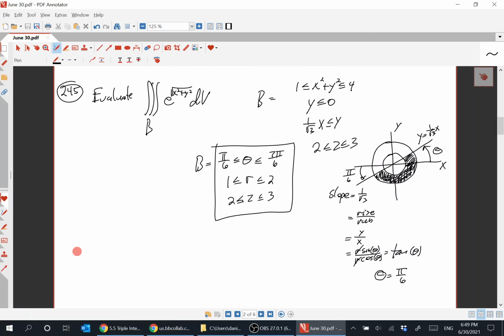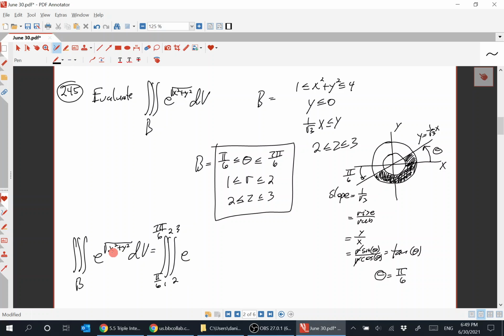So the triple integral over B of e to the square root of x squared plus y squared dV is, first you do z from 2 to 3, and then r, 1 to 2, and then theta, pi over 6 to 7 pi over 6.